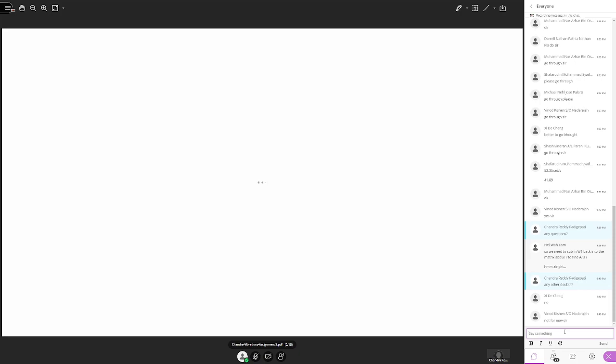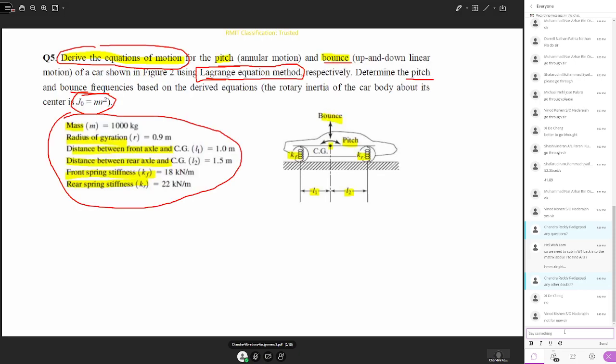So you need to write the total kinetic energy. So what is the total kinetic energy?